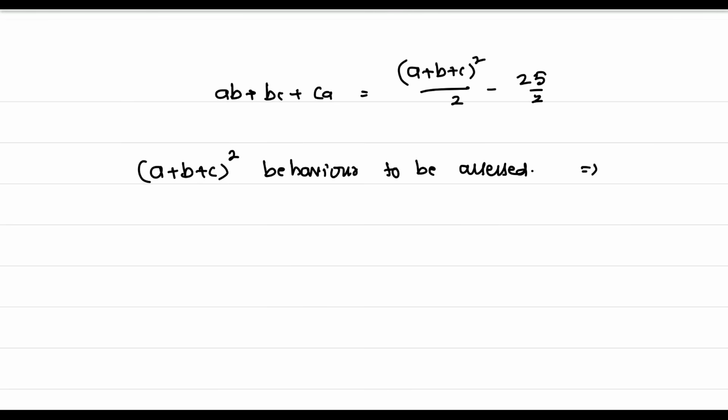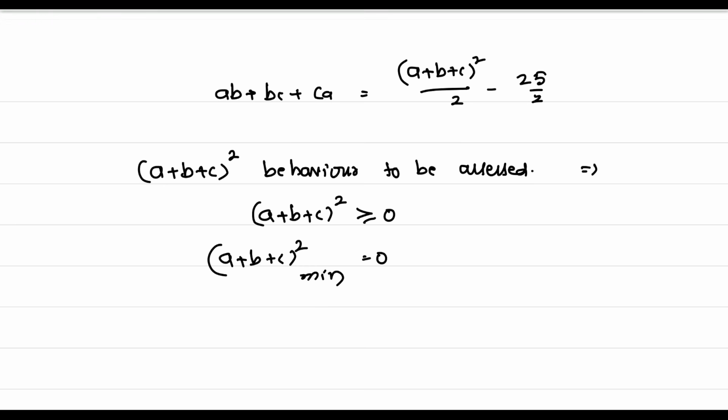That means for all real numbers, (a plus b plus c) whole square should be non-negative. Hence, the minimum value of (a plus b plus c) whole square is equal to 0, because it should be greater than or equal to 0.